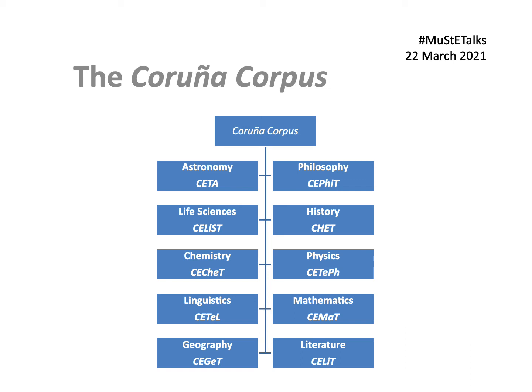Okay, so to this date, the four upper branches of the tree, the subcorpora of astronomy, philosophy, history, and life sciences, have already been compiled and published, along with a book of pilot studies, while several others are either almost ready to be published or nearly finished, such as that of chemistry and that of linguistics, or else they're still being compiled.